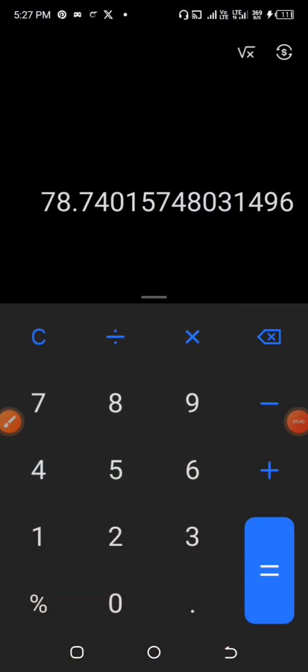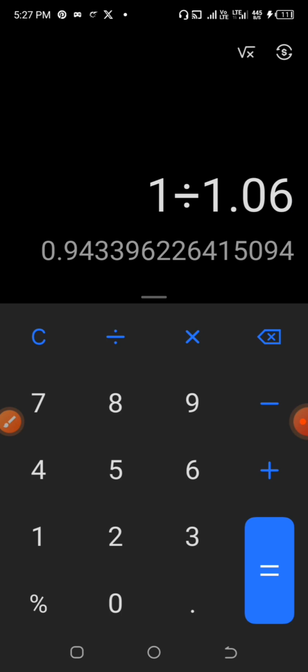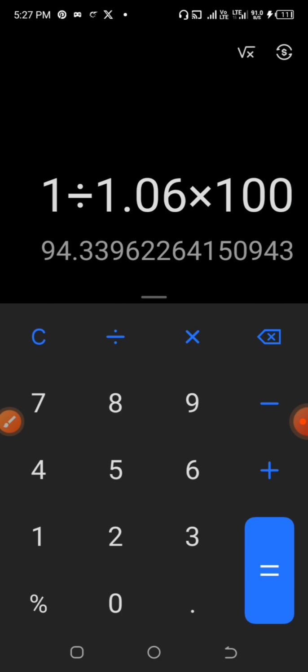So very simple, just 1 divided by 1.06 multiplied by 100. So now the percentage that we currently have for this particular game happens to be 94% based on the odd allocated by bookmakers.